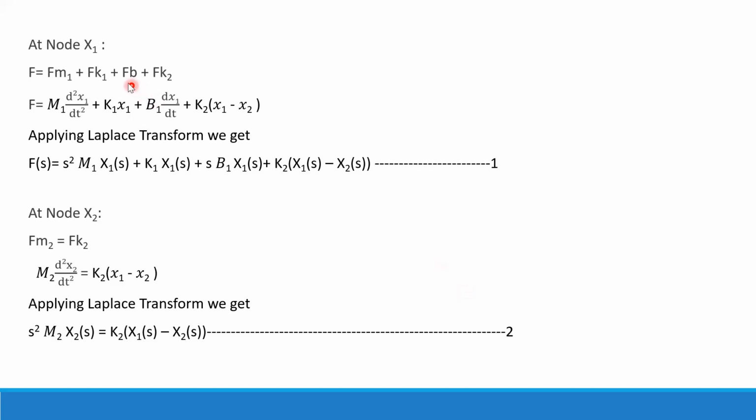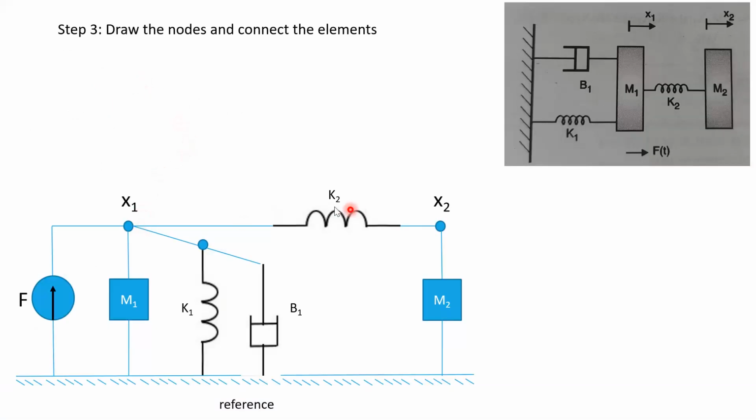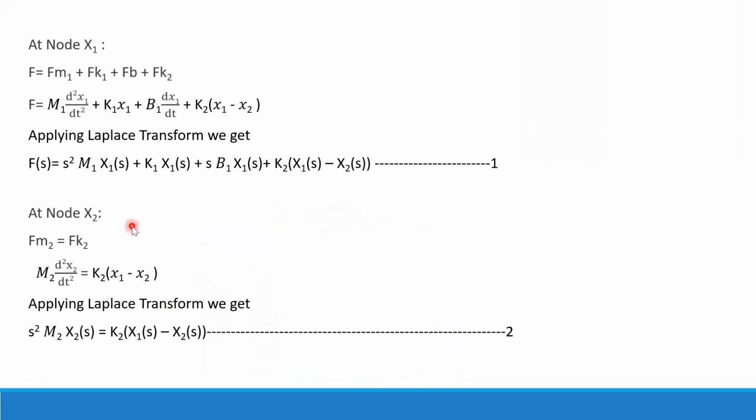Okay, and then we'll write the force equation for the respective components. So at node x1, the total force F is equal to Fm1 plus Fk1 plus Fb1 plus Fk2, because Fk2 is also connected to this reference node. As all of you know, the transfer function for the mass, spring and damper is like this.